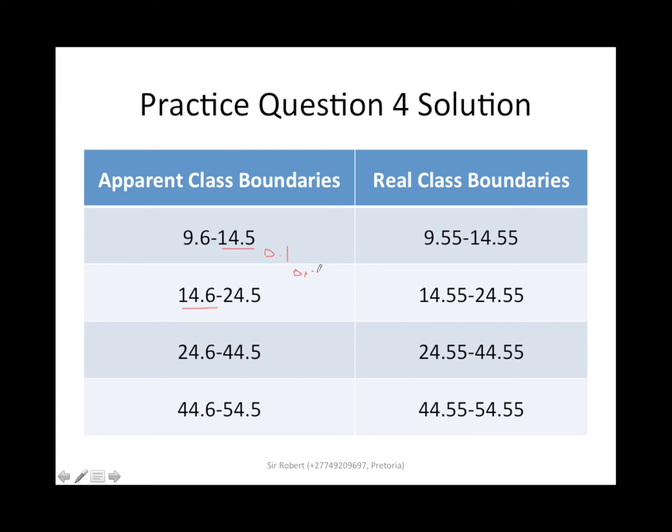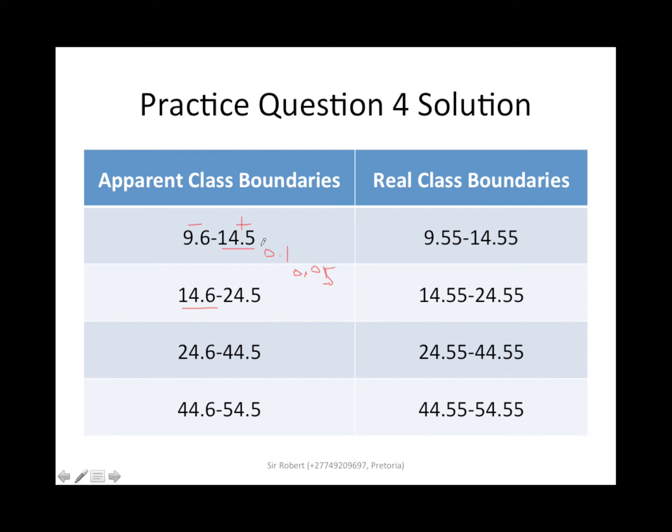Forgive me, this pen is quite difficult to draw with. 0.05. So now what we are doing is subtracting on the first and adding on the second. If you subtract 0.05 from 9.6, you get 9.55.